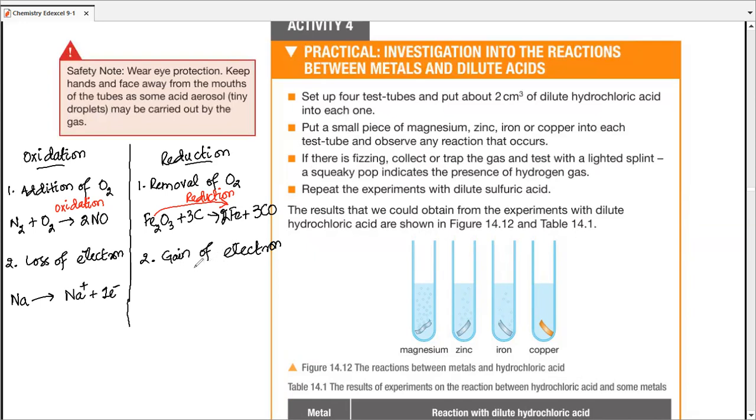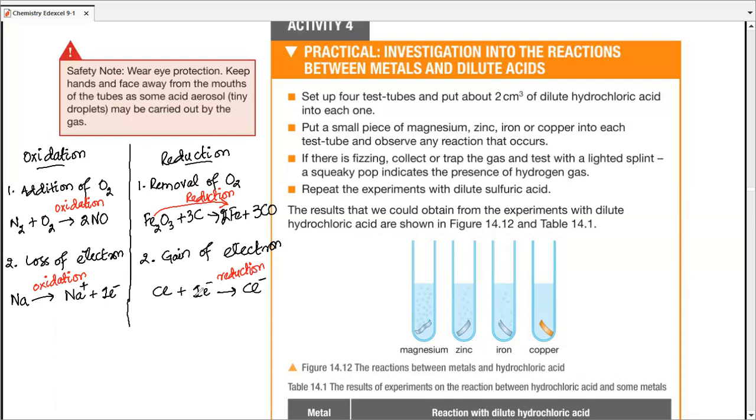In an ionic bond, usually one element, most of the time a metal, loses an electron. On the other hand, there is another element, most of the time a non-metal, and they form different ions. Formation of a positive ion would be known as oxidation, this one as an example. Formation of a negative ion, this one as an example, would be known as reduction.